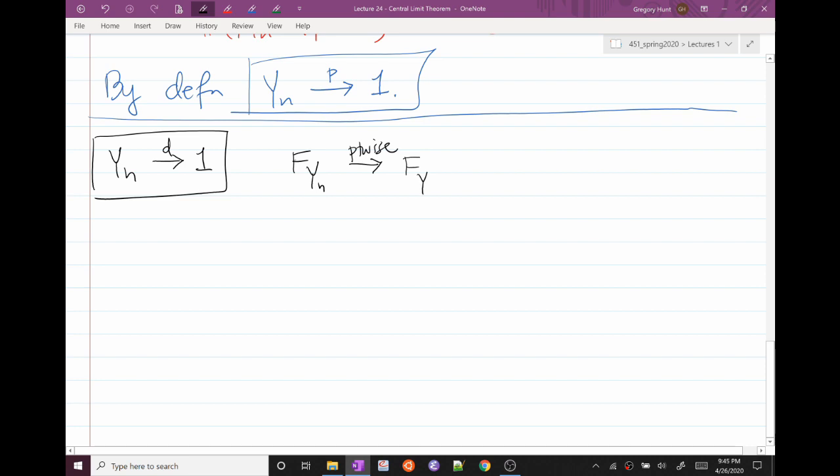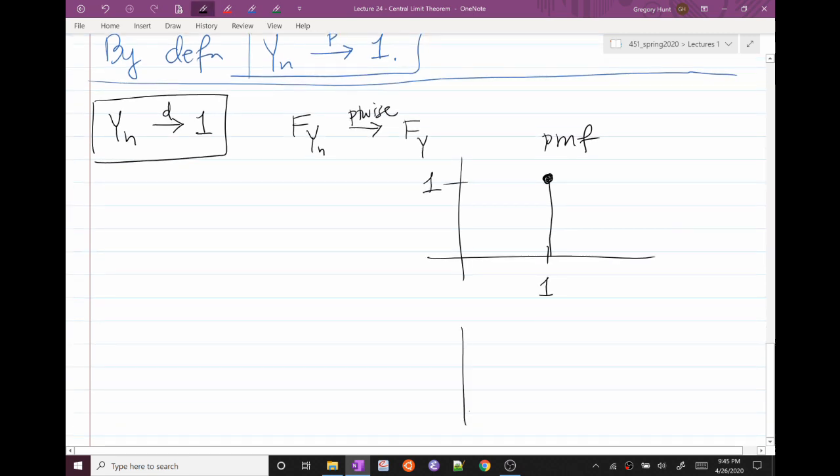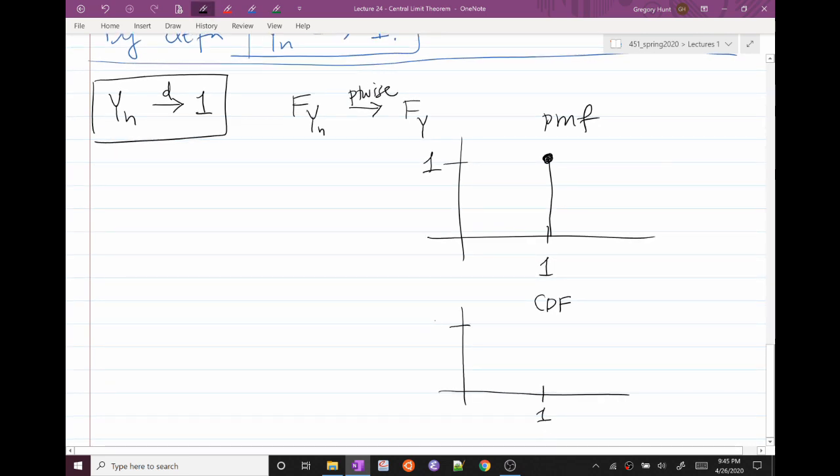Well, what was Y? Y was our degenerate random variable, and the PMF of Y was just a stick at 1 of height 1. So that's the PMF. And so the CDF of our limit Y in this case is going to be what?